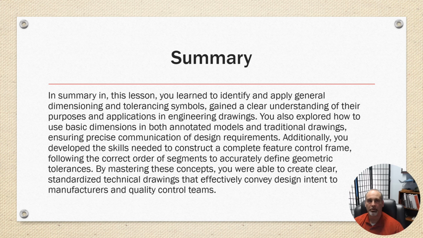Additionally, you developed the skills needed to construct and complete a feature control frame following the correct order of segments to accurately define geometric tolerances. By mastering these concepts, you were able to create clear, standardized technical drawings that effectively convey design intent to manufacturers and quality control teams.